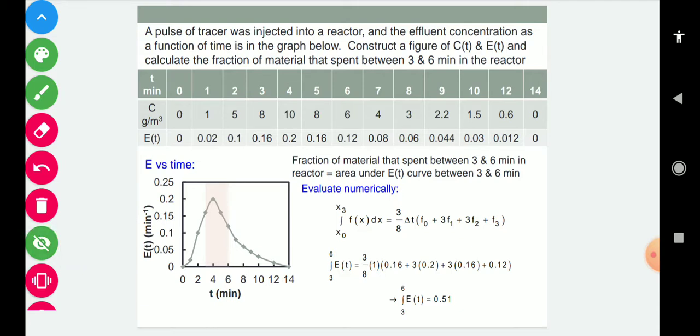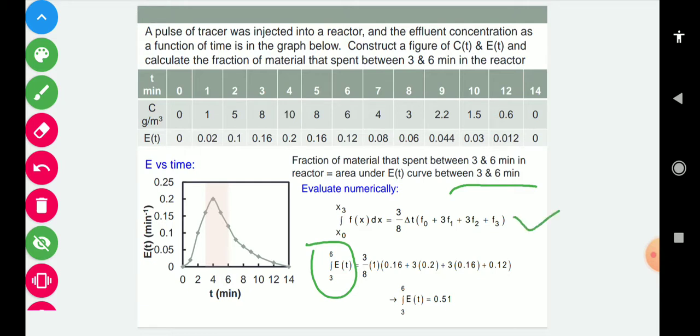Now in the third part we have to calculate the fraction of material that spent between 3 and 6 minutes in the reactor. That will be equal to the area under the E(t) curve between 3 and 6 minutes. So now we have to integrate this E(t) function between 3 to 6. So again we are using Simpson 3/8 rule.